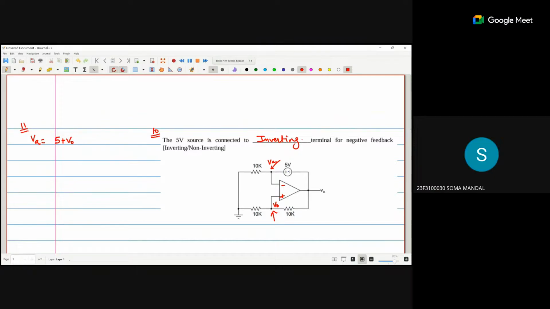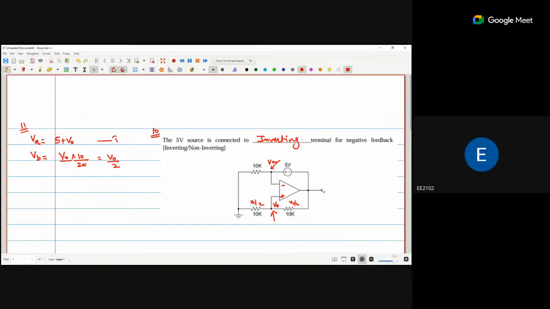And what is VB? It is 10 by 10 plus 10 into V out, that is V out into 10 by 20. Apply the voltage divider biasing. This V naught will be divided into two parts, so here is V naught by 2 and here is V naught by 2. That means V naught into 10 by 20, that is V naught by 2.